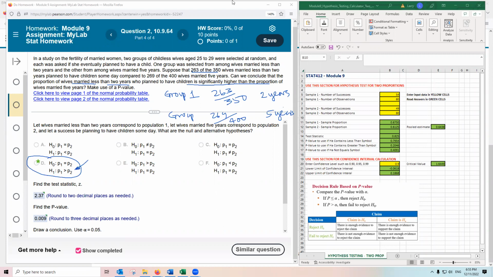All right, let me come over to Excel. Group 1 was 263 out of 350. Group 2 was 269 out of 400. And let me come over to the test statistic. I'm seeing the test statistic is 2.37 here.